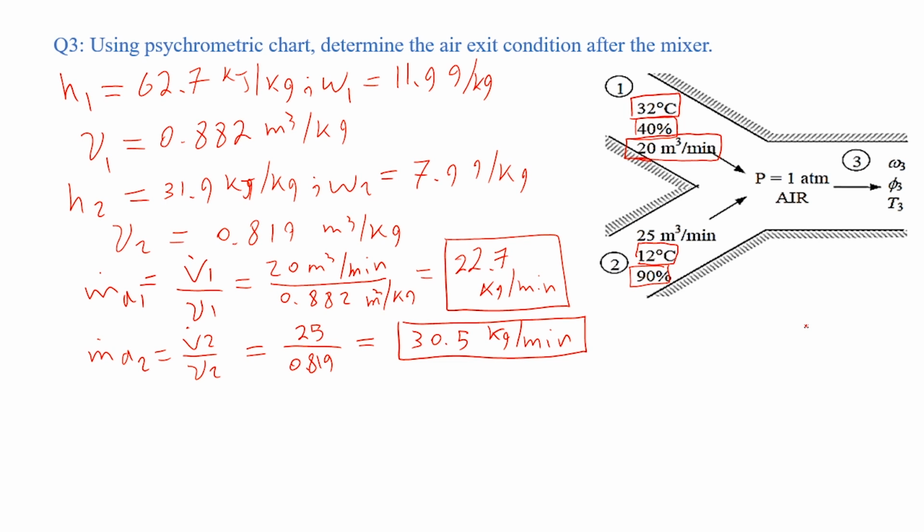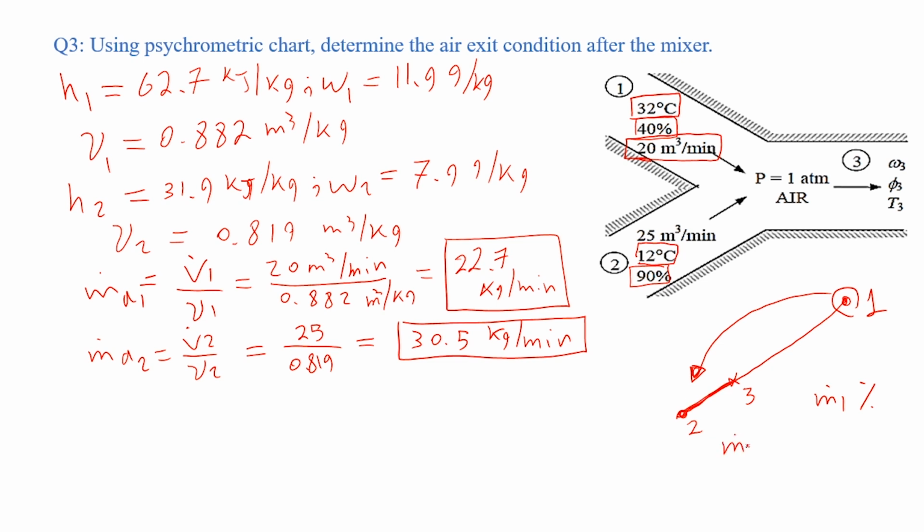So we can do either mass percent for stream 1 or mass percent for stream 2. So this is point 1 and this is point 2. Let's say point 3 is somewhere here. So if we want to take mass percent for point 1, the rule of thumb is we take the opposite distance here, between 2 and 3.